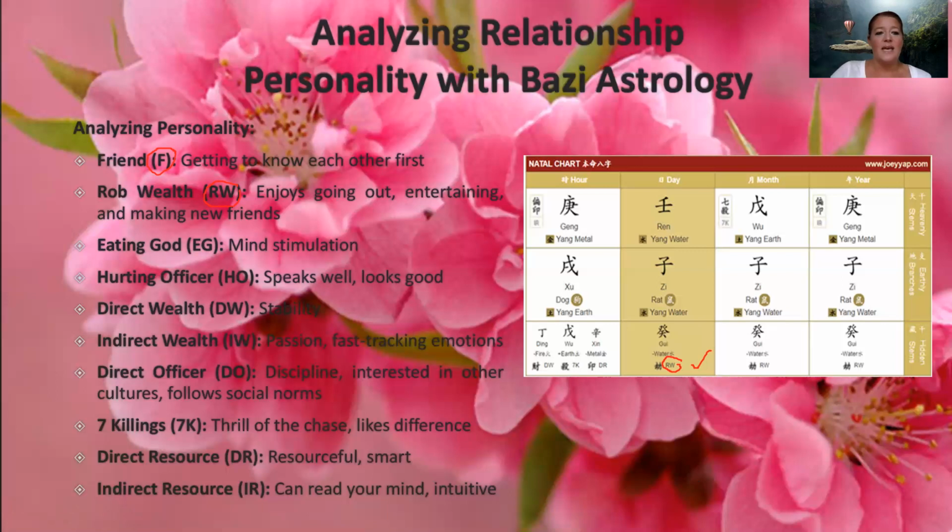Now, if you have EG, which stands for Eating God, in the hidden stems, that person is very interested in being intellectually stimulated. They like to have deep discussions and conversations about things.